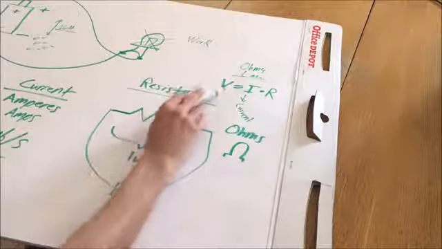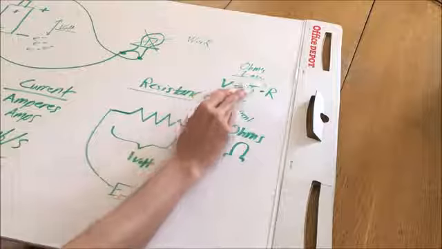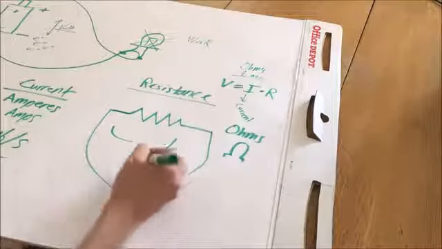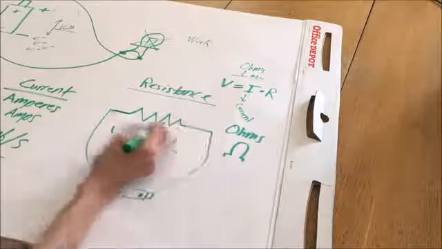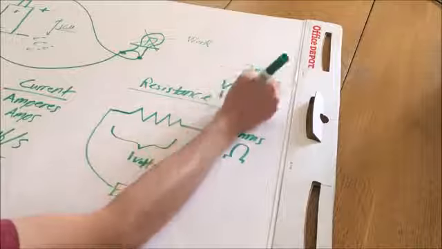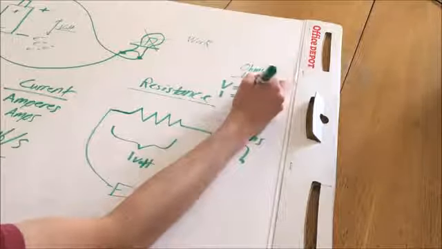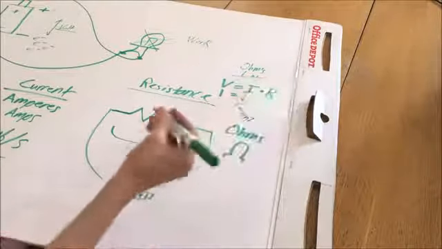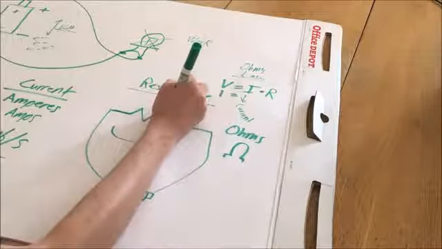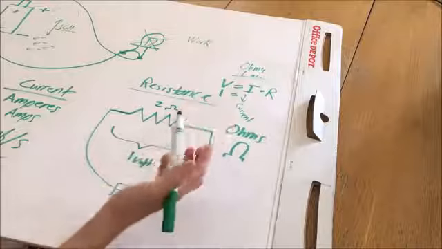Now because the voltage is the current multiplied by the resistance, and let's assume we have this 1 volt power source driving this resistor circuit, that means we have 1 volt equal to the current times the resistance. Now, just to make this relatively simple, I'm going to say that this is a 2 ohm resistor, arbitrarily.